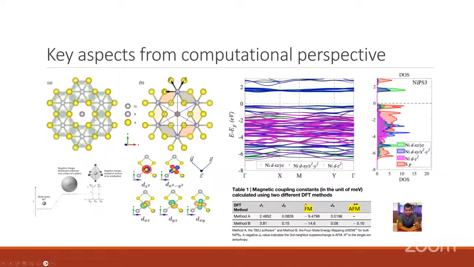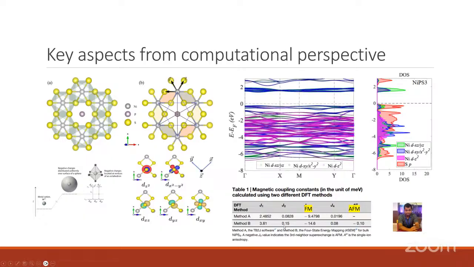Then we need to employ the DFT calculation for giving us a better understanding of which orbitals are more important to the other. And also, there are many tools we can use, such as TB2J or Wannier downfolding, to get the hopping integral estimated from the DFT band structure.